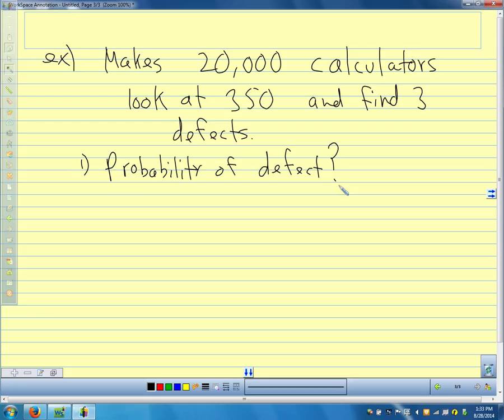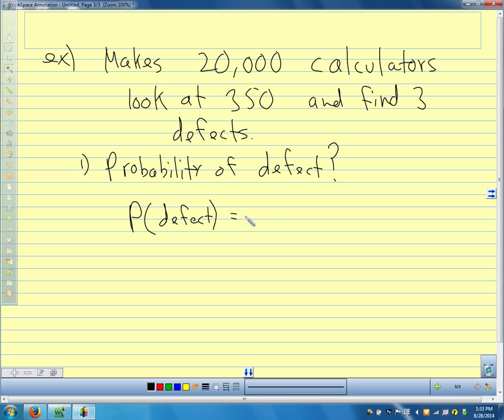So we want the probability of a defect, and we said it's favorable over total. Favorable is the thing that we're interested in. What are we interested in here? The defects.